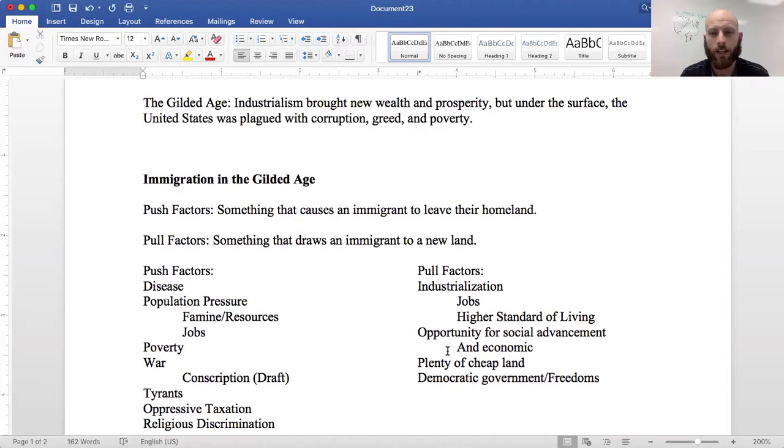In America, we also have a unique situation where we have an opportunity for social and economic advancement. What that means is you can climb social ladders. So if you take a place like India, for example, with the caste system, if you're born into a family, you're in that bracket socially and economically the rest of your life, right? There's no opportunity to move up.